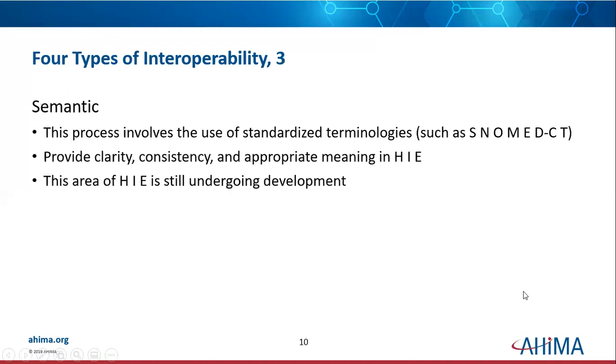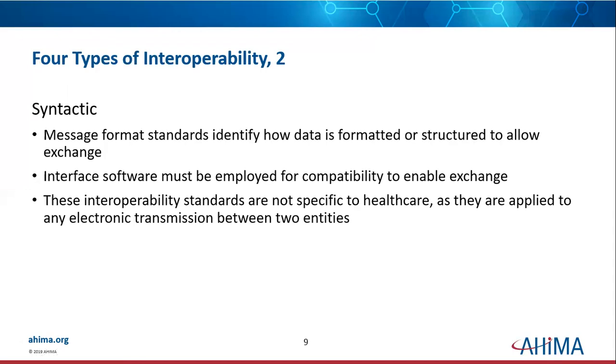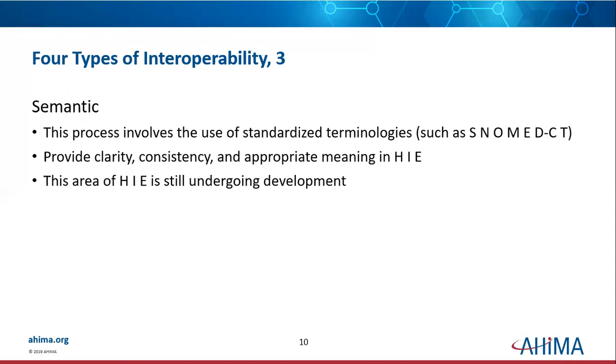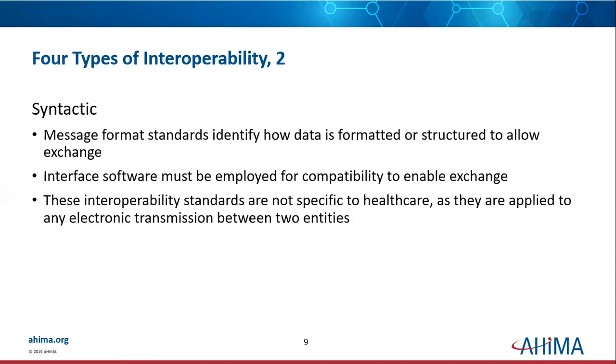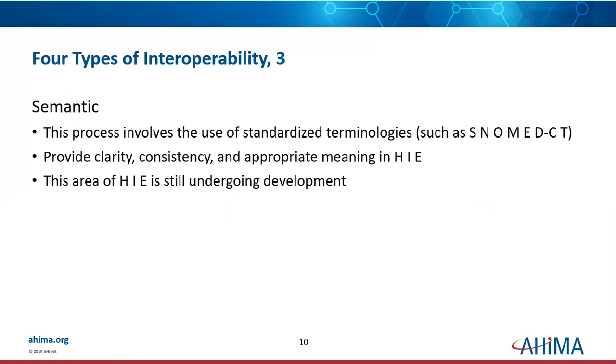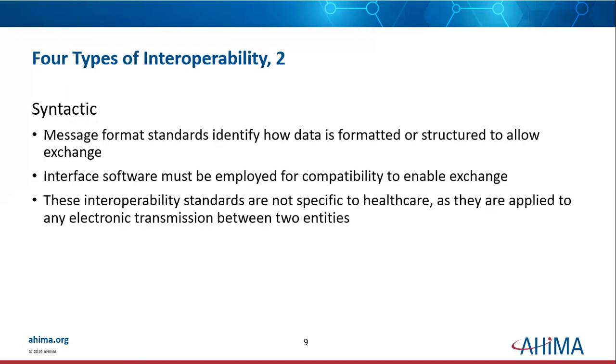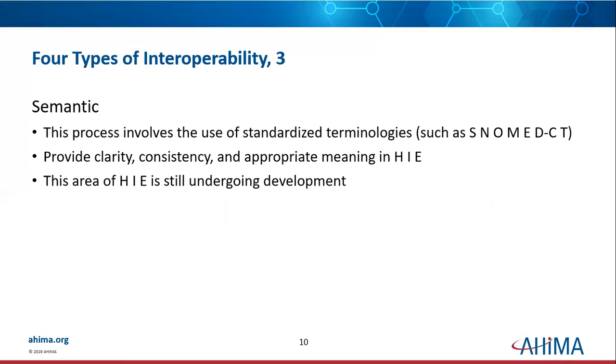And then we go from syntactic to semantic. And this is what I thought this was initially. But the second one is semantic. The first is syntactic. The semantic process involves the use of standardized terminologies, such as SNOMED CT.